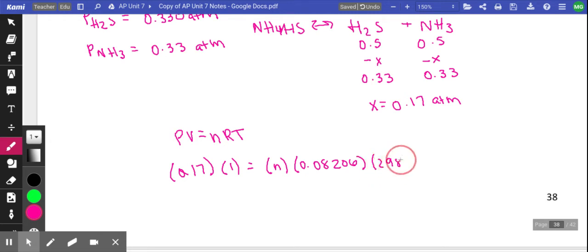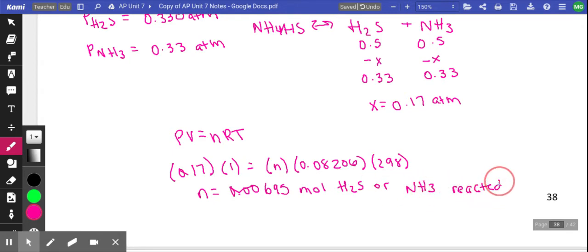And the temperature, it tells me, is 298 Kelvin. So I plug all this in, I solve for my n, or my number of moles, and that should come out to 0.00695. So that's the moles of H2S, or NH3, that reacted.